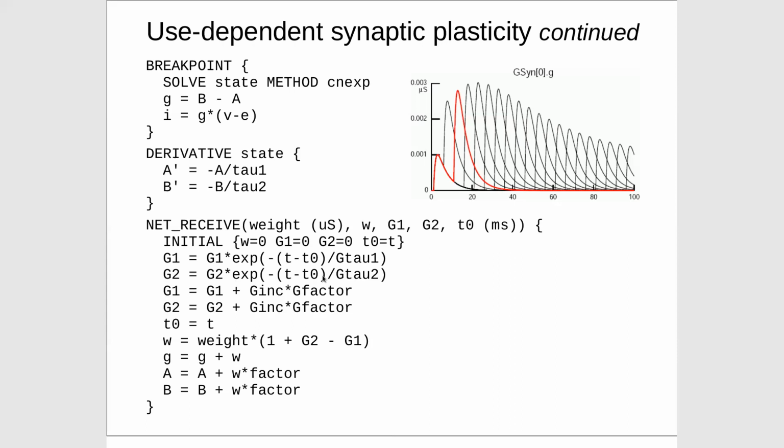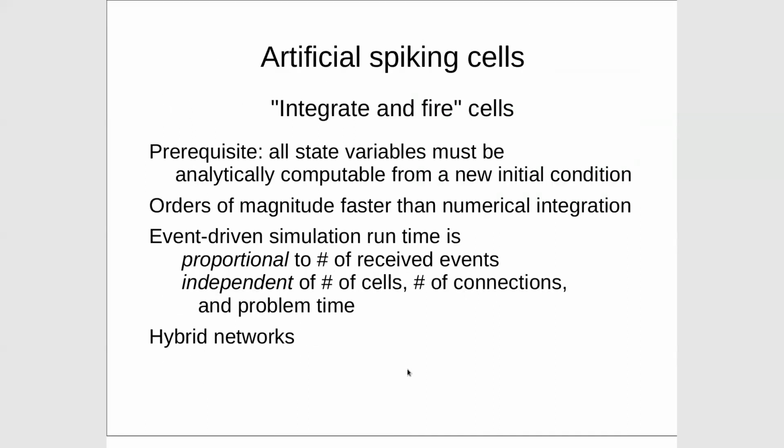If we have a cell whose dynamics is so simple and straightforward that its solutions are analytical, so that we know the future state based upon the current value of the state variables and can predict based on time alone, plug that into equations that we have analytical solutions for, we can make an artificial spiking cell. Okay?